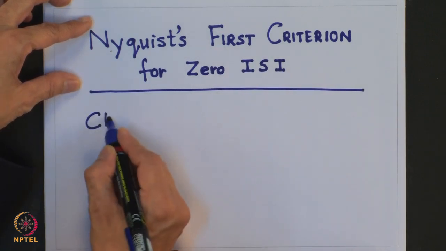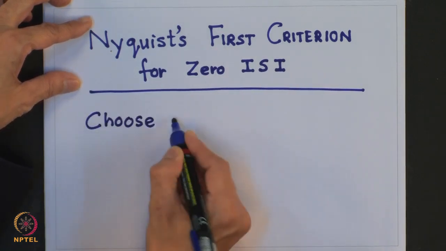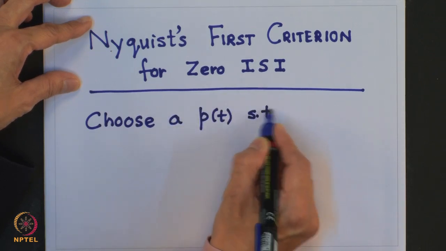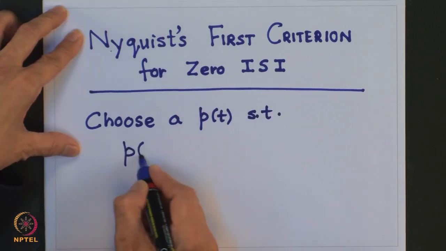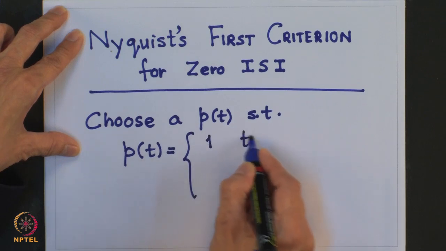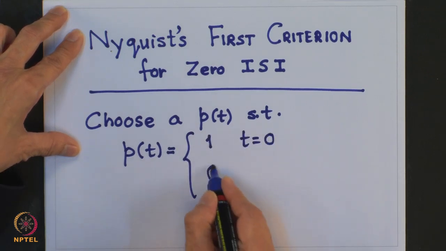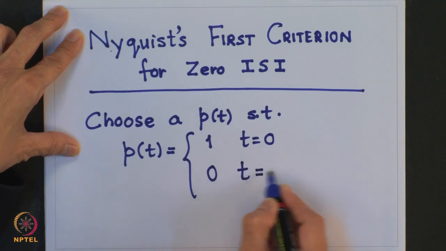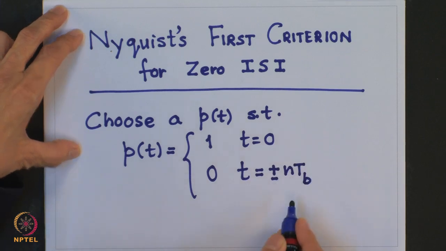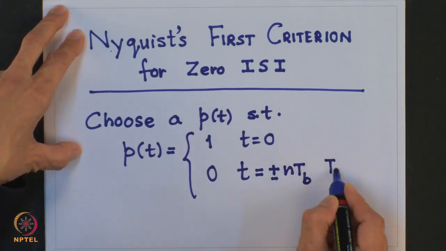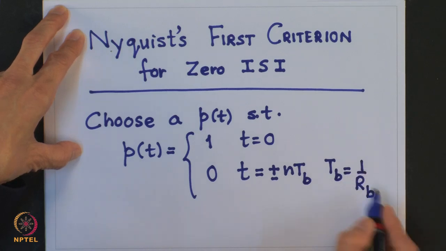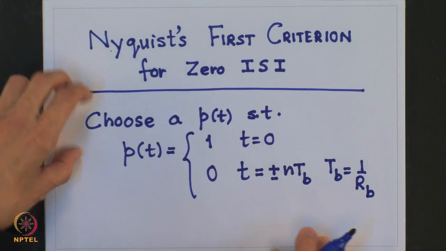It says that we should choose a pulse p(t) such that p(t) is equal to 1 for t equal to 0, and it is 0 at all sampling instances, denoted by plus minus n Tb, where Tb is equal to 1 by Rb, the rate at which we are transmitting the pulses.